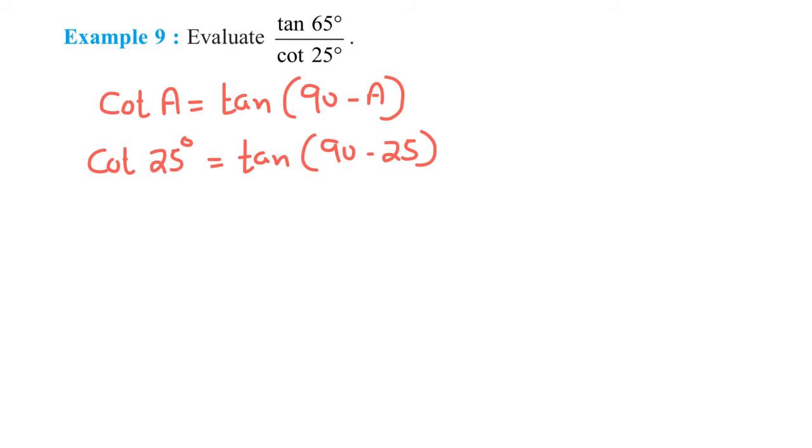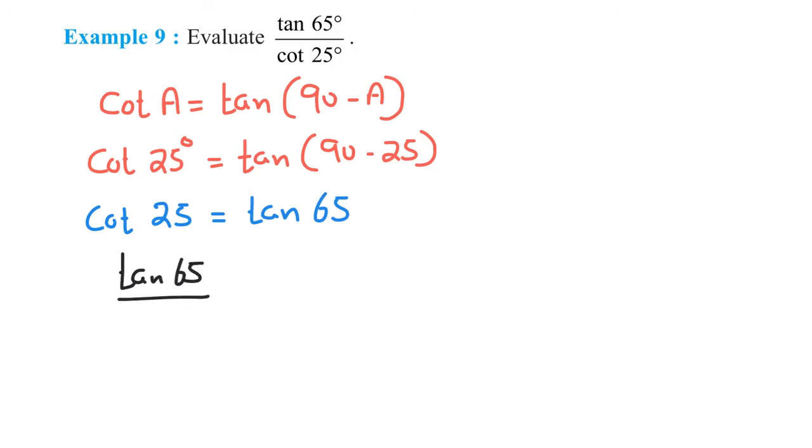So, cot 25 is going to be equal to tan 90 minus 25, which is 65. Now, coming to the question, evaluate tan 65 over cot 25. So, tan 65 divided by cot 25, but cot 25 is equal to tan 65.